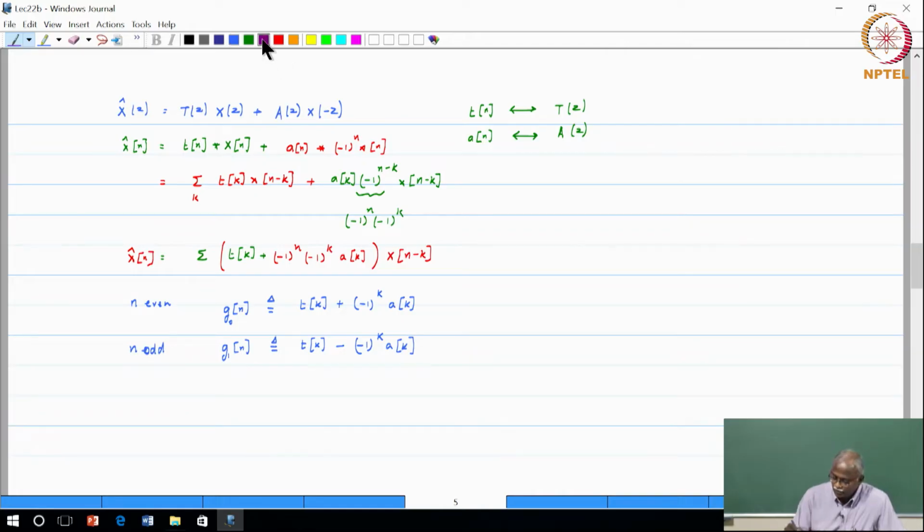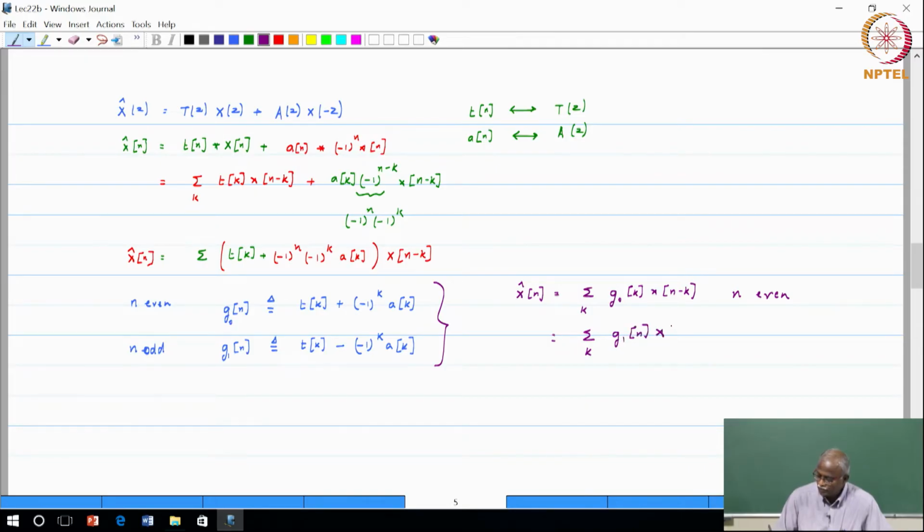So, we can now combine these results into a very insightful result, which says x hat of n can be written to be summation k from minus infinity to infinity, g0 of k x of n minus k if n is even, and equal to summation over k g1 of k x of n minus k if n is odd.